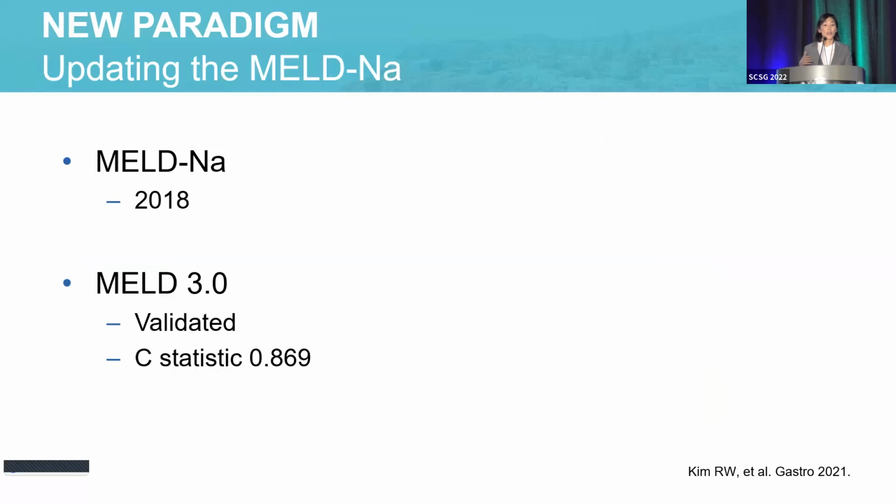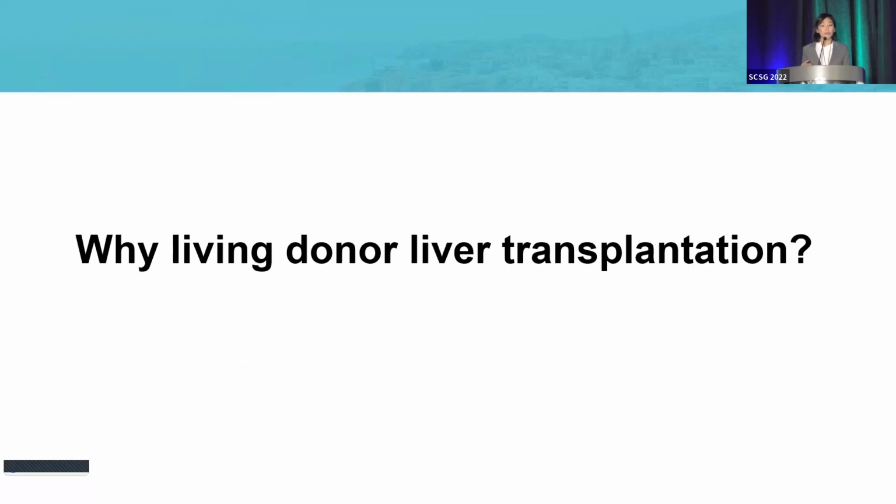They've shown that when MELD 3.0 was compared to MELD sodium in the SRTR database, 9 or 10% of women were recalculated to have a higher MELD. So this has actually been approved by UNOS in June, and I think you should be learning a little bit more about this as the months come along.